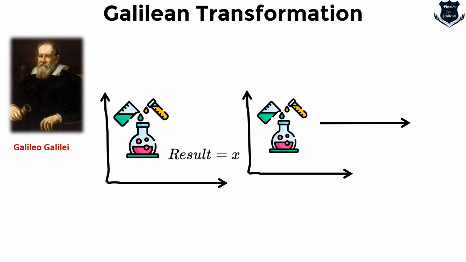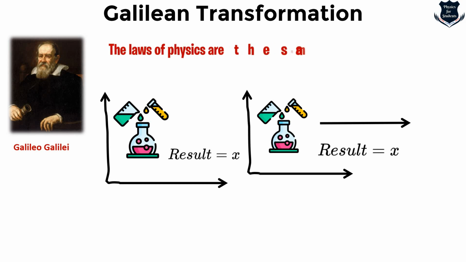That means if I get a result equal to x in one, the other will also produce a result equal to x. Galilean transformation is a tool which makes life easy if two frames of reference are moving relative to each other. One experiment at one frame of reference will produce the same result in another.